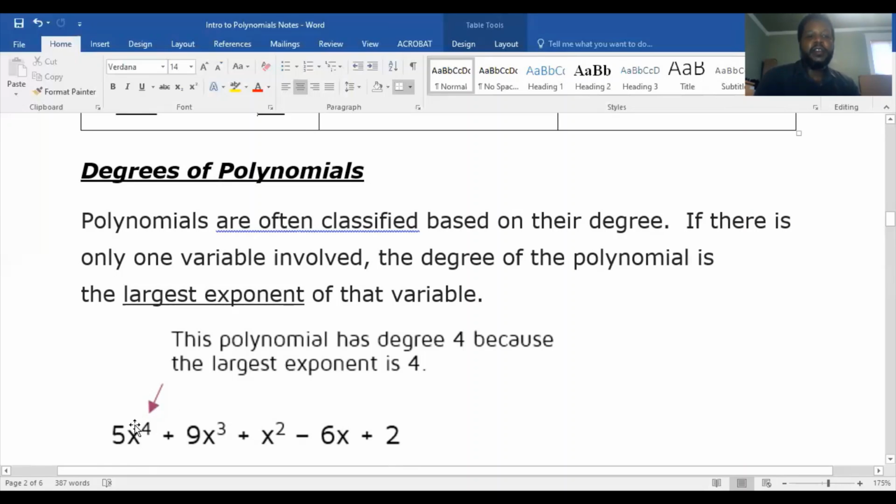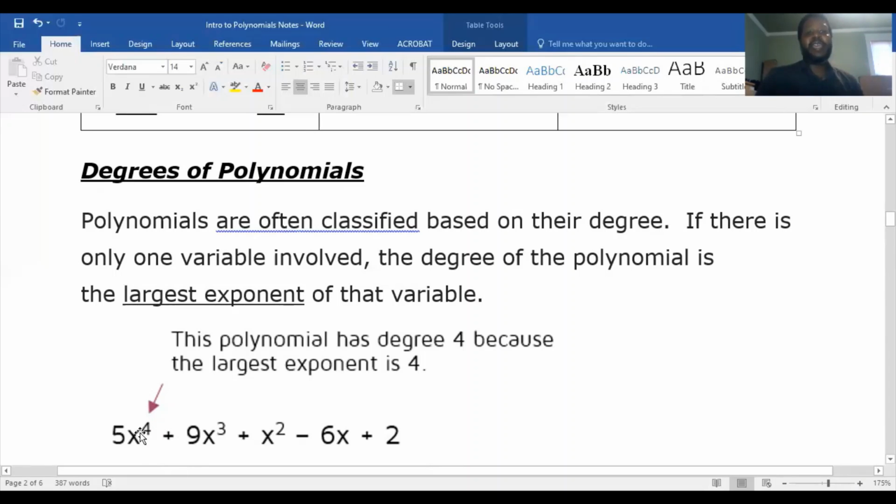It's going to be a 4th degree polynomial, or what we call a quartic polynomial, because it has the 4th exponent. And you don't have to write that down right now because there is going to be a space later down in the notes where we're going to write that down. But because it's the 4th degree, we're going to name it a polynomial, of course, because of the number of terms that it has. But then what kind of polynomial is it? Well, the kind of polynomial it is, is a quartic polynomial because of the 4th power.